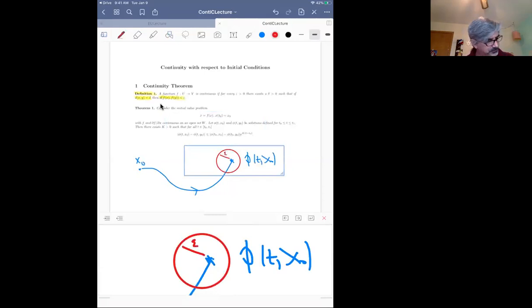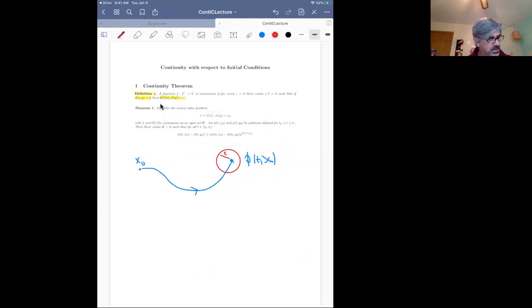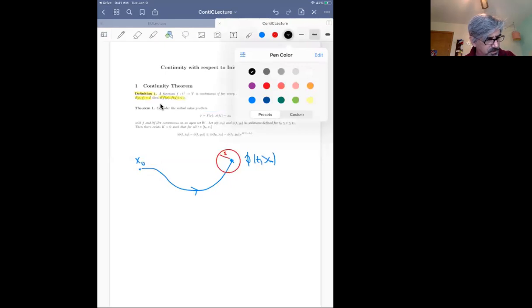What I would like to be able to know is that if you give me that endpoint right here and that epsilon distance right here, can I find some other circle around the initial point such that things inside of it end up in that exact same circle when I flow for that exact same amount of time? So let's pick some different color, maybe green.